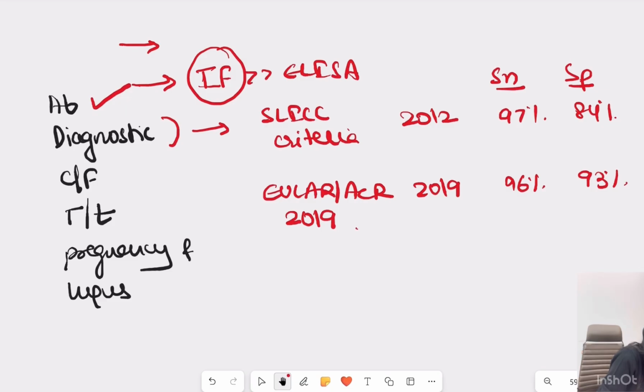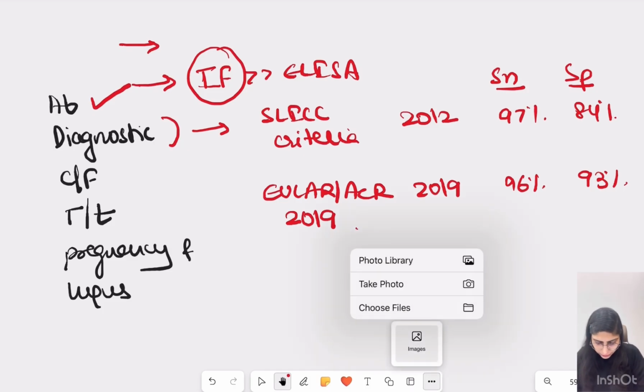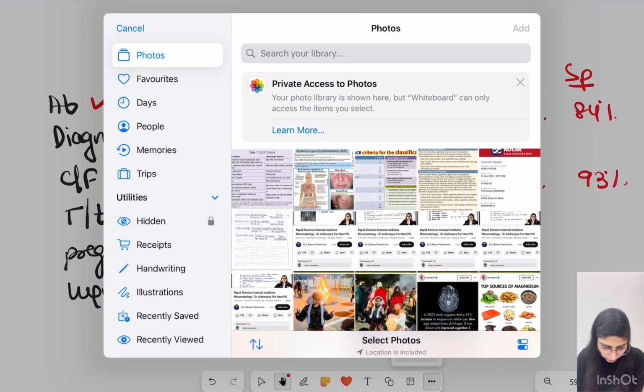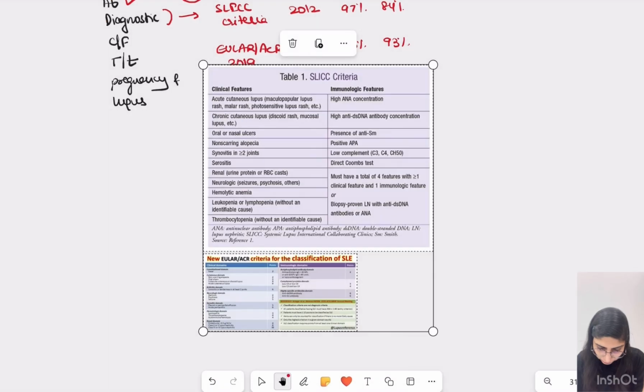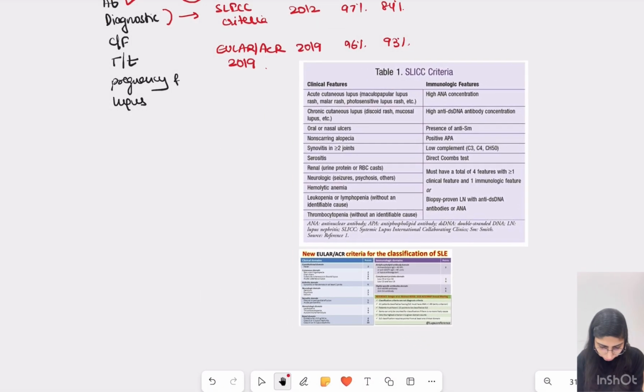One second, guys. Right, so let's start with the EULAR ACR criteria. Let me take out a photograph for that. SLICC criteria and the EULAR criteria. Let's add both of those.